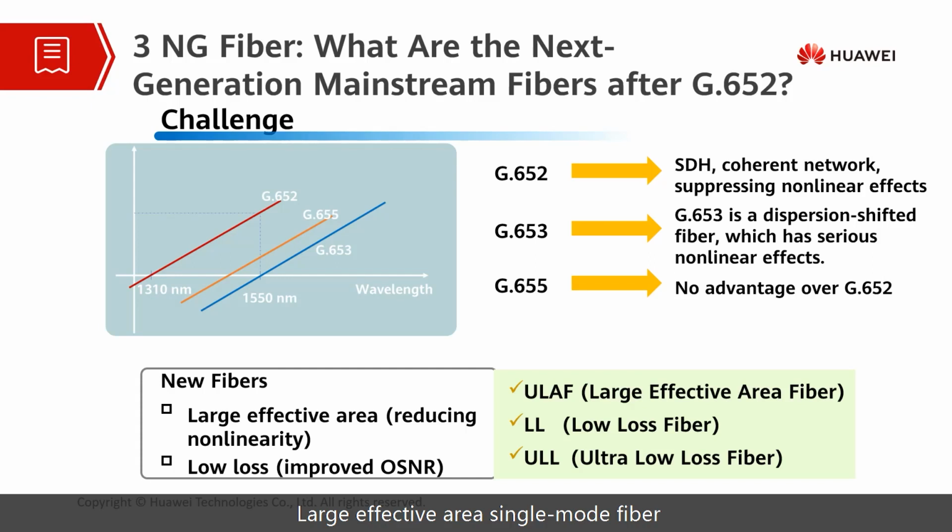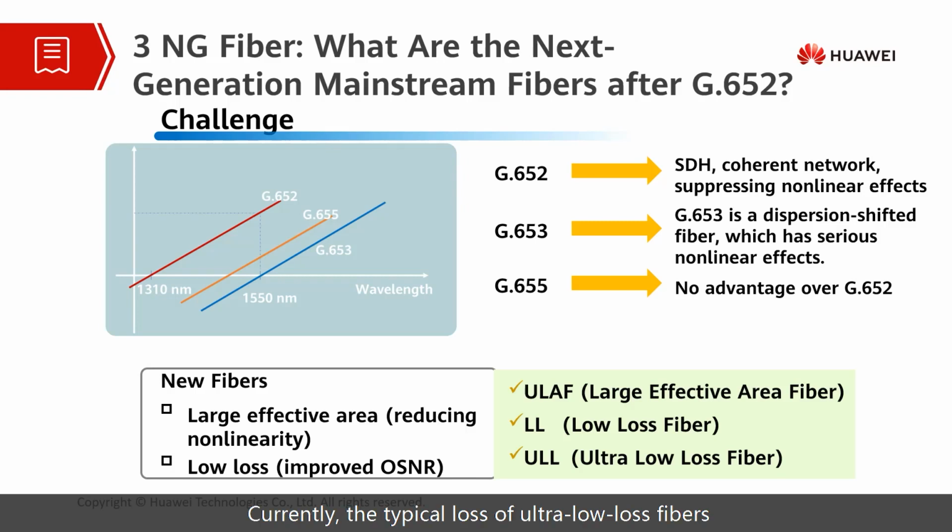Large effective area single mode fiber has the advantages of low loss and ultra low loss fiber technology by increasing the diameter of the mode field of the fiber and adjusting the refractive index difference to achieve a large effective area. It also has the advantages of low loss and suppressing the nonlinear effect of the fiber.